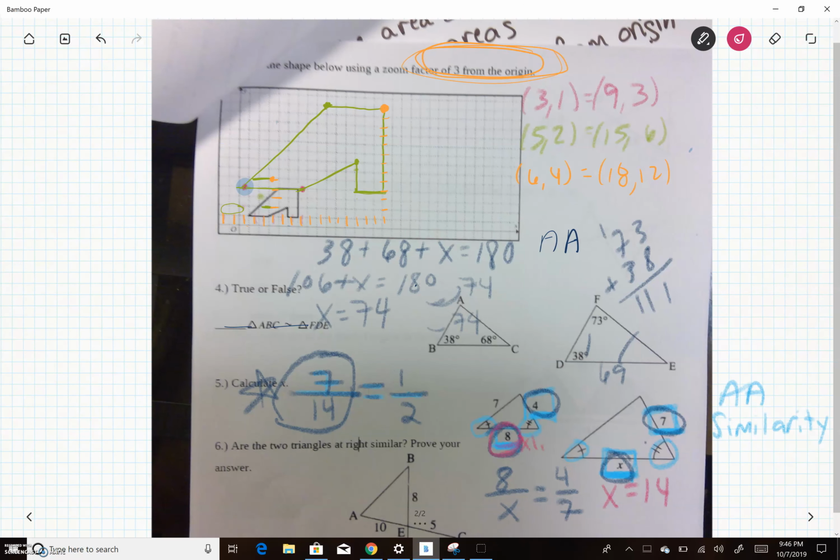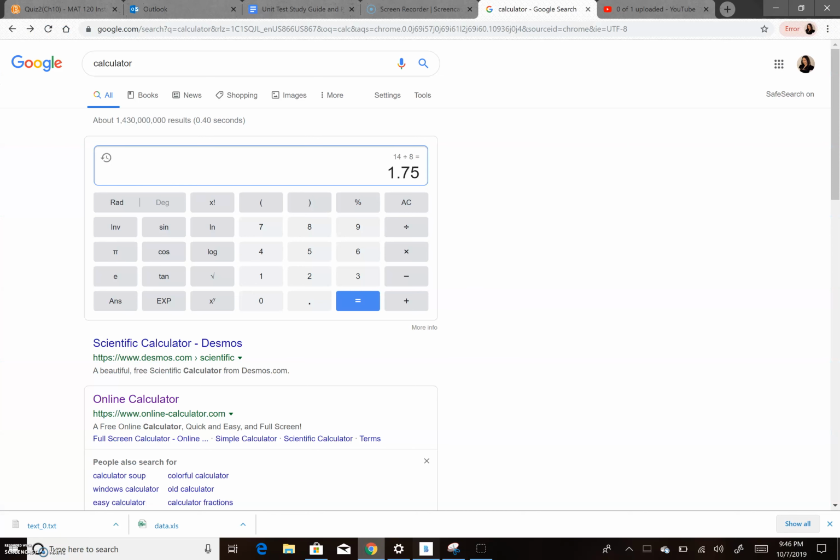So 8 times 1.75 equals 14. What that means is I should be able to take 4 times 1.75, and that should give me 7. And that's how I can check myself. There is really absolutely no reason why you shouldn't know that you're not getting the right answer. I said that funny.